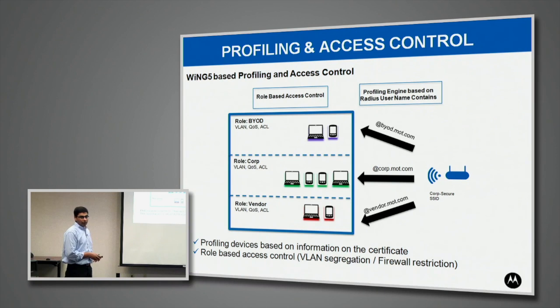That role can map to a specific VLAN, a specific QoS, or a specific access control list, which is stateful firewall rules. A pretty robust solution that solves most of the use cases, and we don't need any external system to get these three pieces going. It's all built into our WiNG 5 and Secure Access solution.